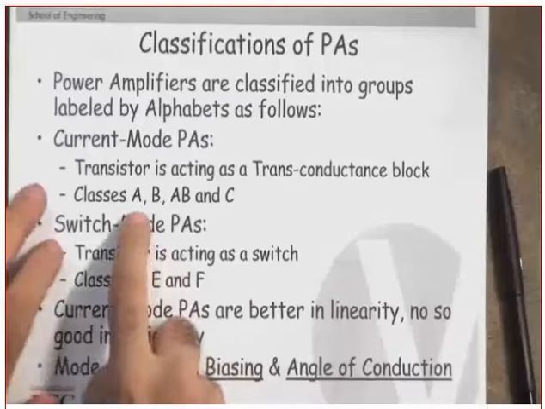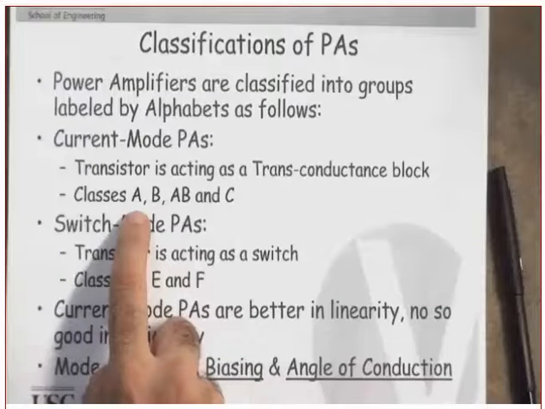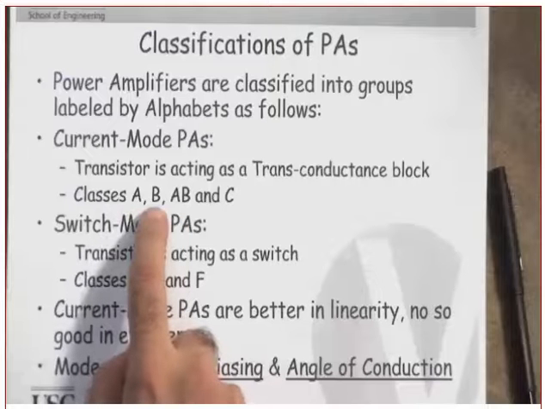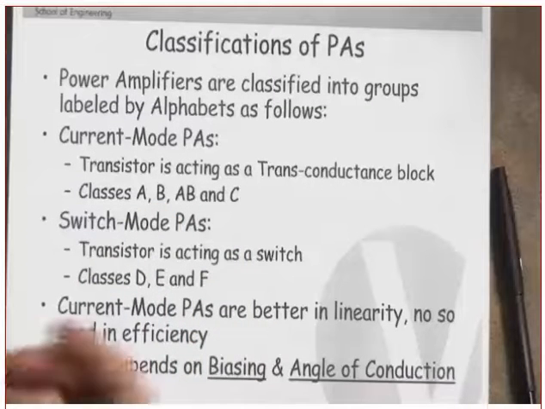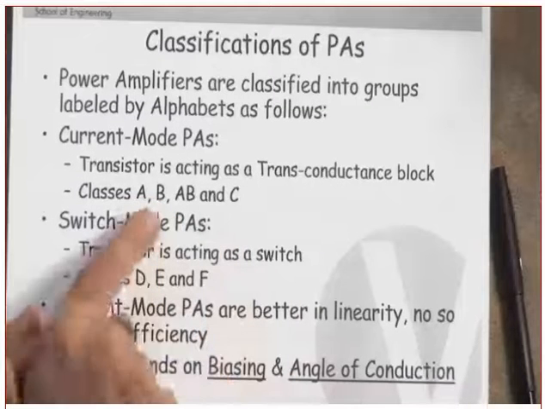We will see that in class A we have a 360-degree conduction angle, which means the transistor is conducting all the time. In class B, it's 180 degrees, which means the transistor is on 180 degrees and off 180 degrees. C is less than 180 degrees. Clear? We will see that.